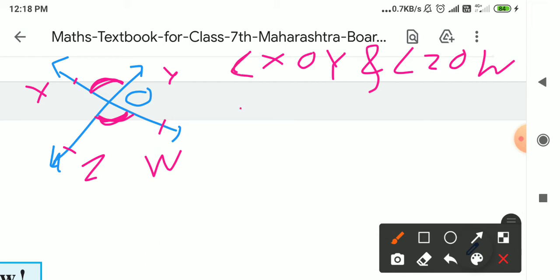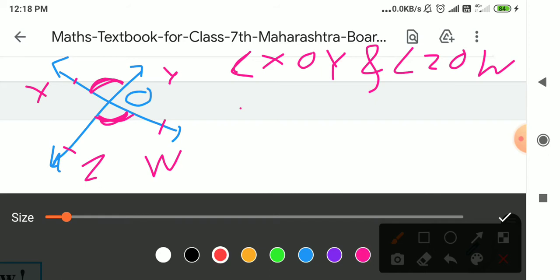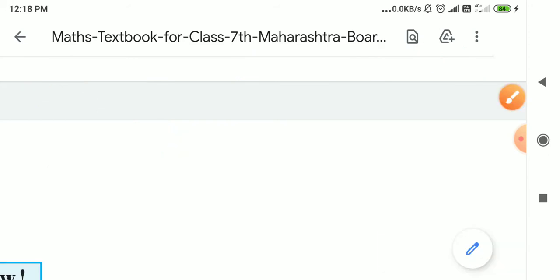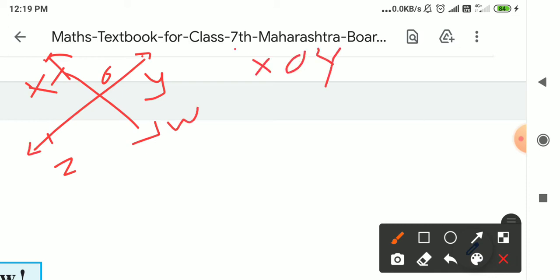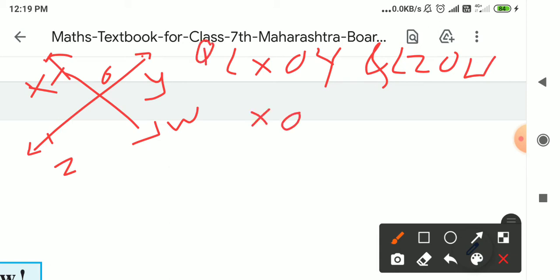And another pair is angle XOZ, and angle YOW.